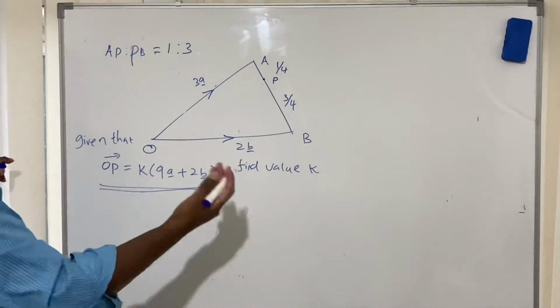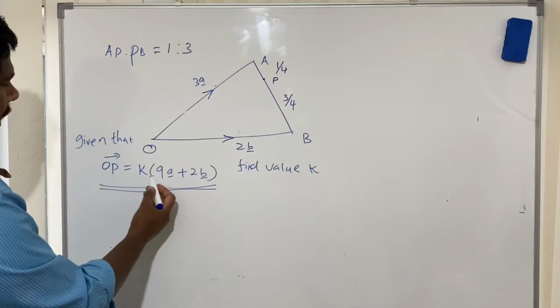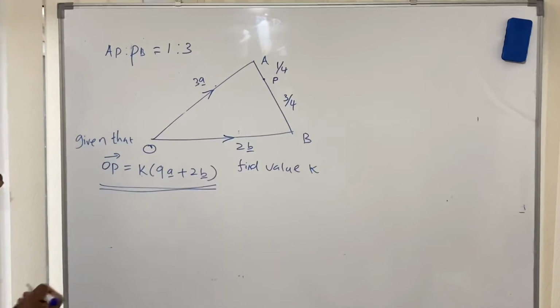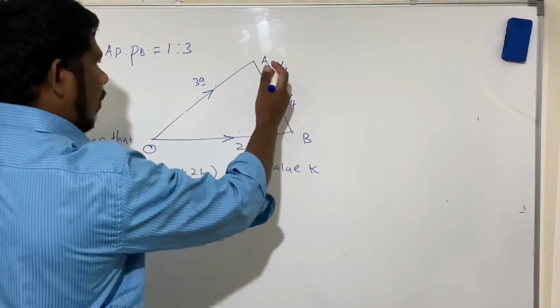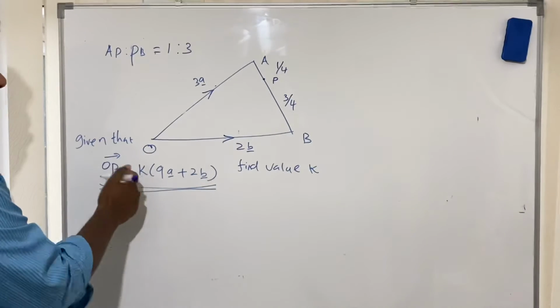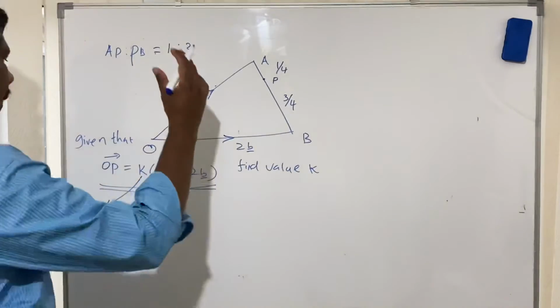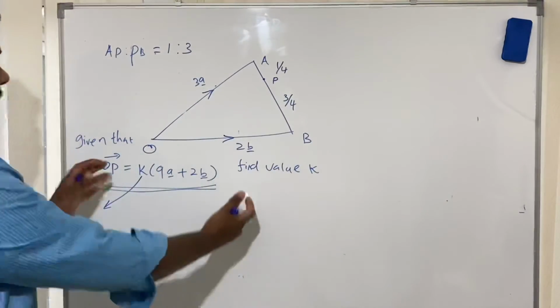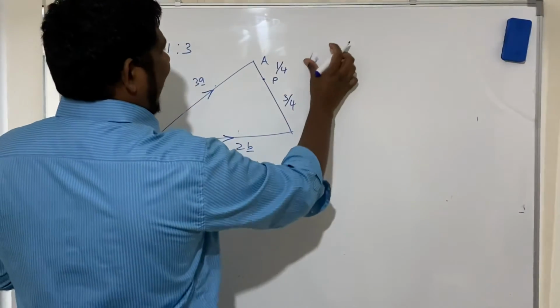And it's already been given some information that vector OP is K into 9A plus 2B. Find the value K. So normally we need to find the vector OP, but they already been given it with the unknown coefficient. We need to find the OP anyway, then compare with this and we can find the value of K.